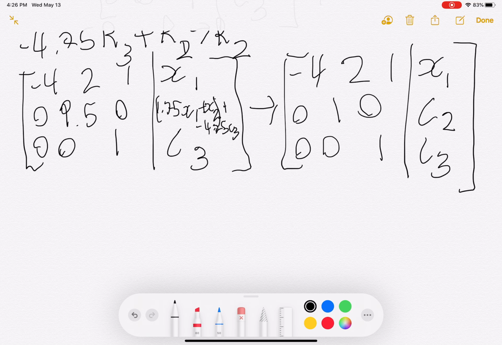So we can subtract row 3 from row 1. We get our new row 1. Then we'll get another 0. So that's great.